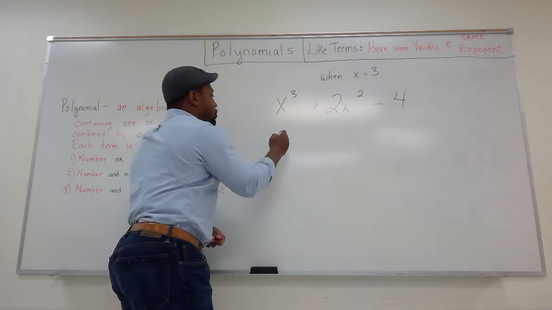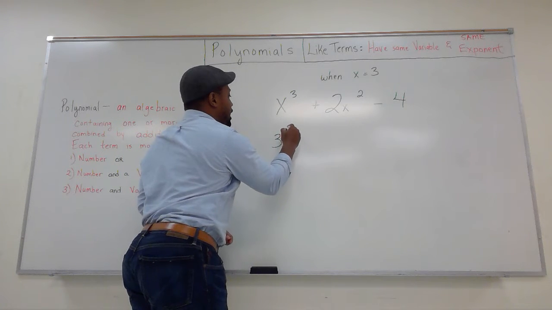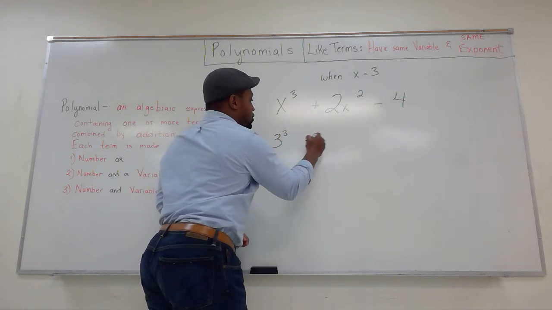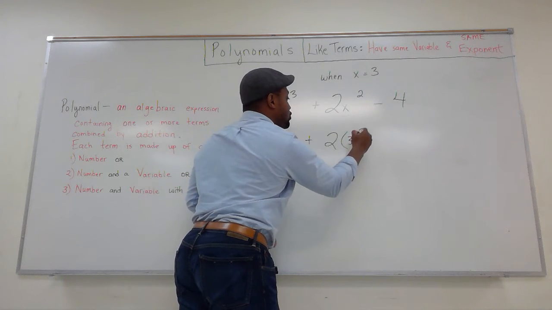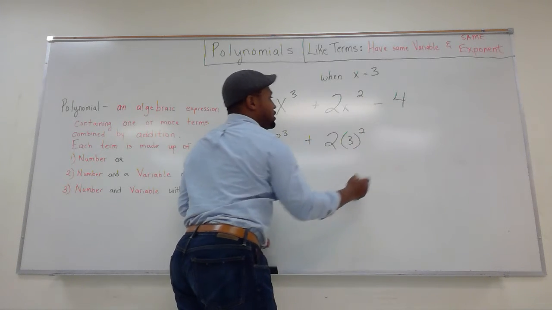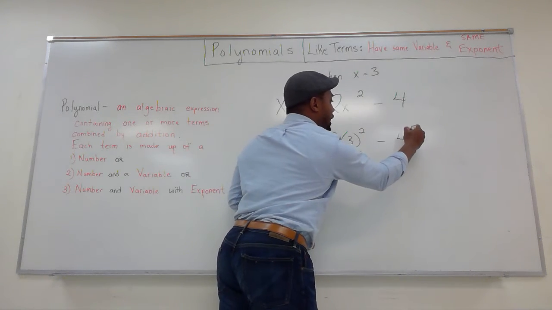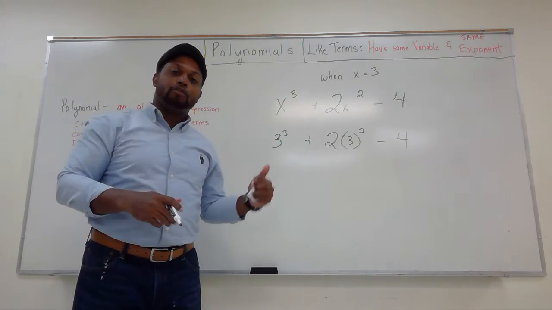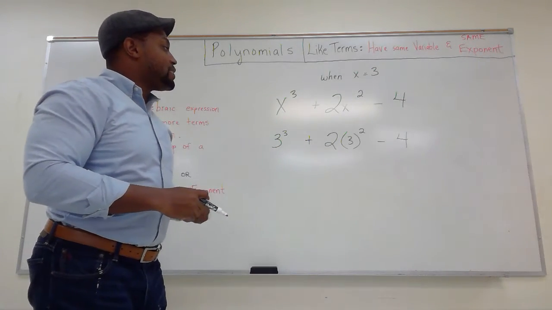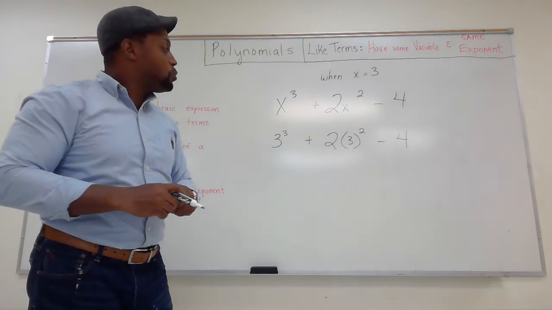So here it would be 3 raised to the exponent of 3, plus 2 times 3 raised to the exponent of 2, minus 4. Now I have substituted a 3 everywhere there is an x, and I'll continue to work through this problem.